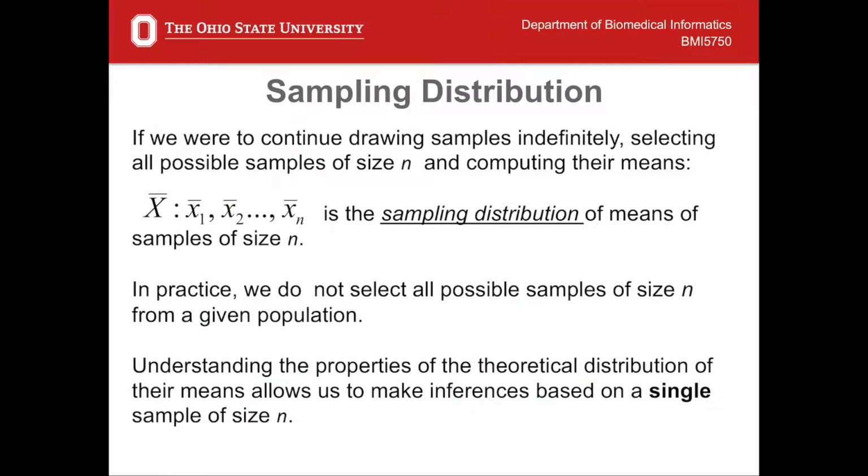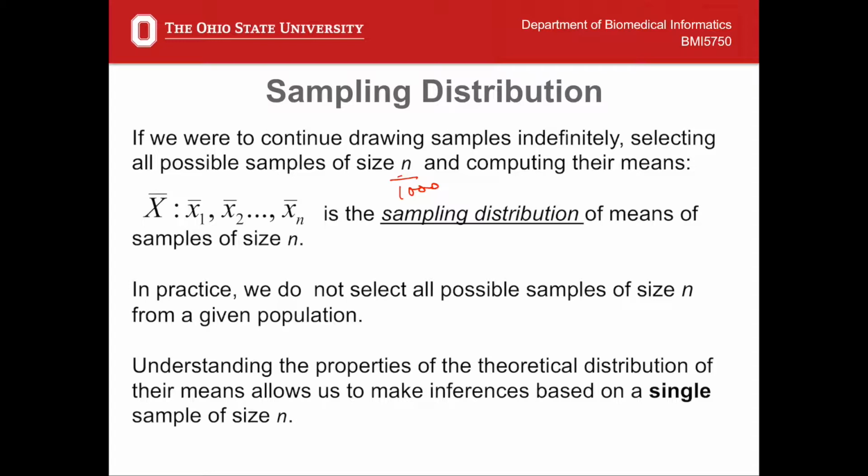So what is the sampling distribution? If we were to continue drawing samples indefinitely, we select all possible samples of size n. Here, n equals 1,000, that's 1,000 people from the population, and we compute their means.